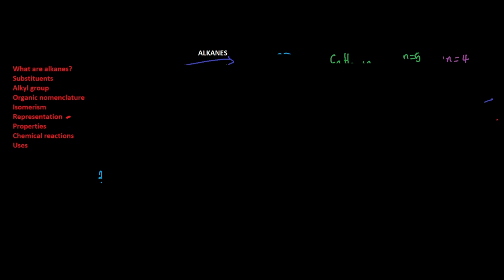Now moving forward to properties of alkanes. We know that alkanes are organic compounds. Another thing that we know by now is that alkanes are formed by covalent bonds that exist between carbon and hydrogen.